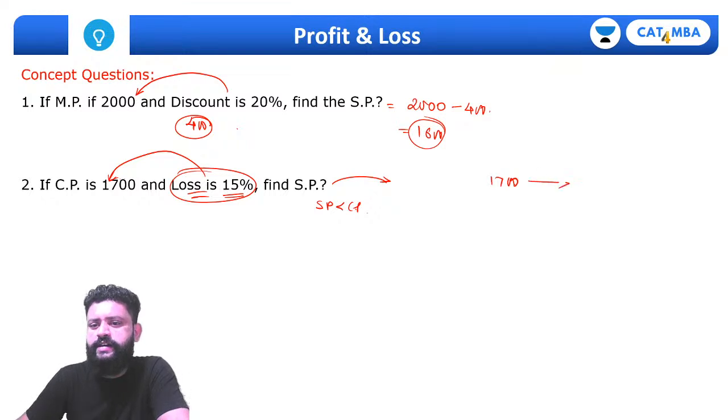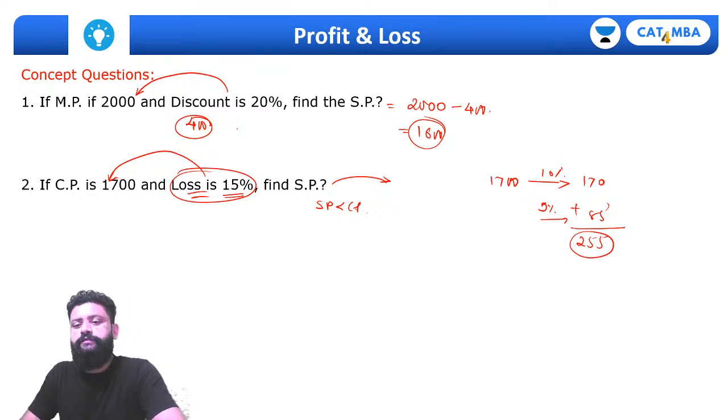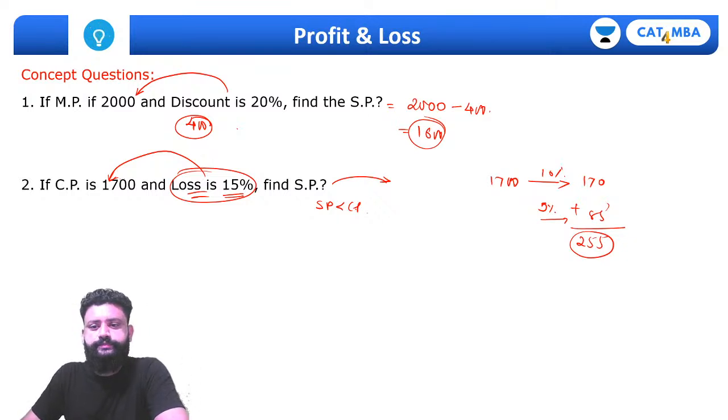So 1700 का 10% अगर हम calculate करते हैं, that is 170. 5% if you calculate it is 85. We add this number, we get 255. Right, so there is a loss of 255 on 1700.